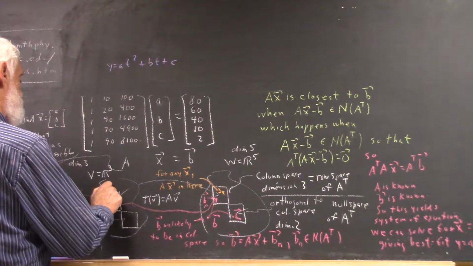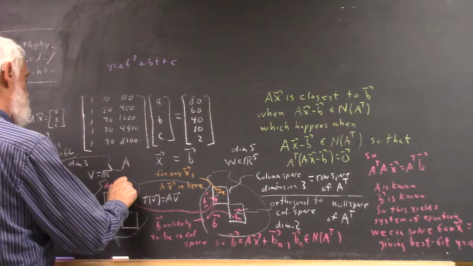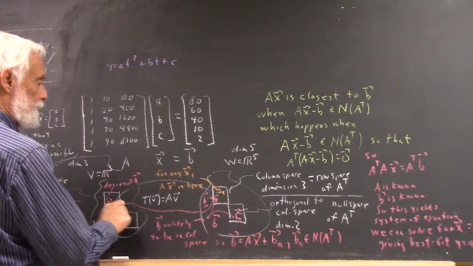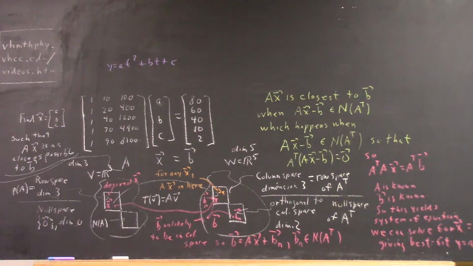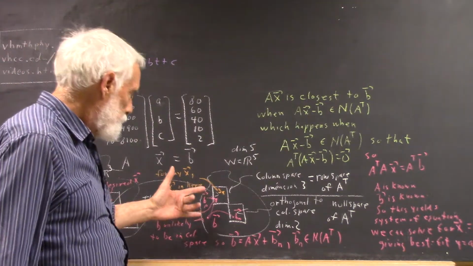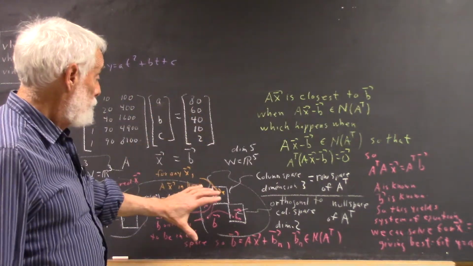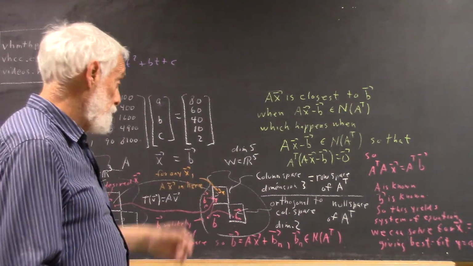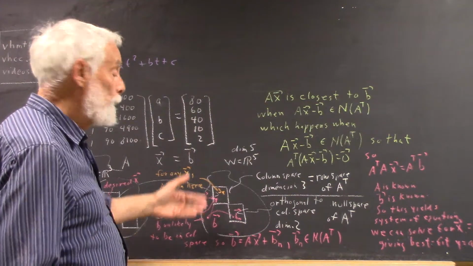Okay, the desired x vector is the one that maps to b sub row. Now again, we'll talk more about that. Don't have room to do it here, but let's accept that for the moment, and then we'll justify it a little bit later. But let's see where that leads us.